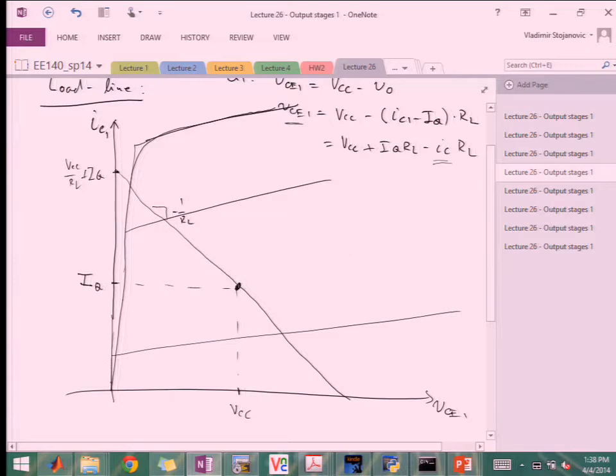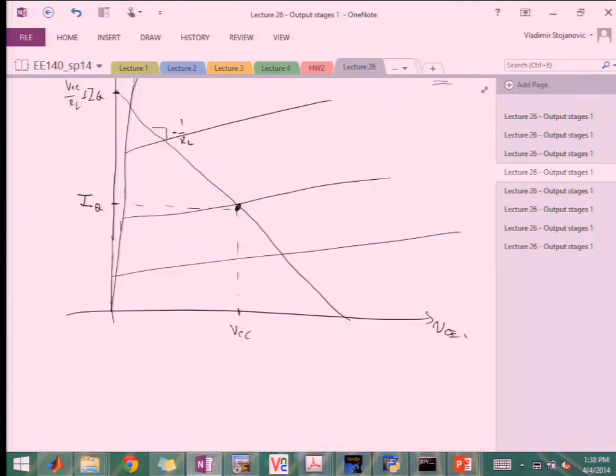And we can draw this one as going straight through this as well. On this one, we also can draw the maximum and minimum VCEs that we can achieve.